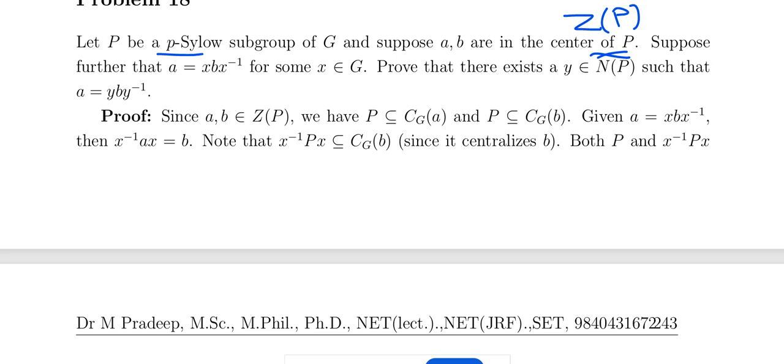Suppose a equals x b x inverse for some x belonging to G, then there exists a y belonging to N(P) such that a equals y b y inverse.